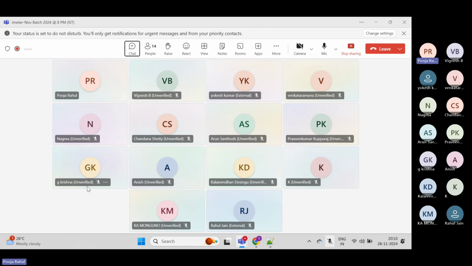What is the peak load test? Has anybody heard about peak load test before in this forum? Or you can give a random answer also, what maybe we call peak load test.